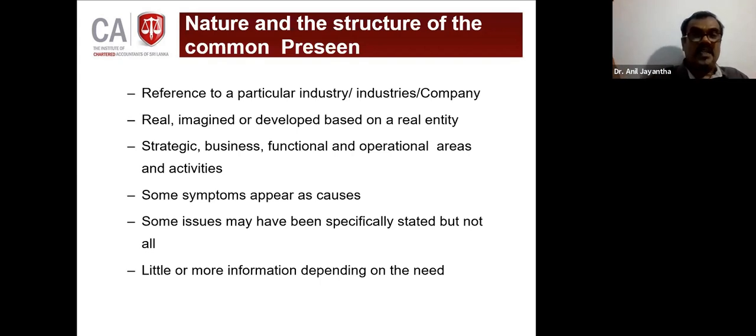Because the pre-seen is not something that we are designing to put you into trouble, right? Sometimes candidates may think that the case has been designed in such a manner, just with complications, putting us in trouble. No, it's not. That is the practical, real way of doing business.